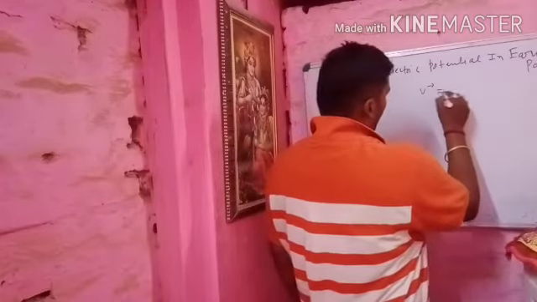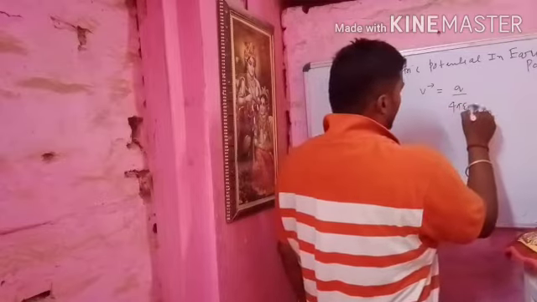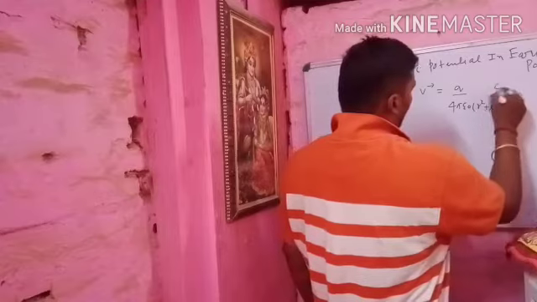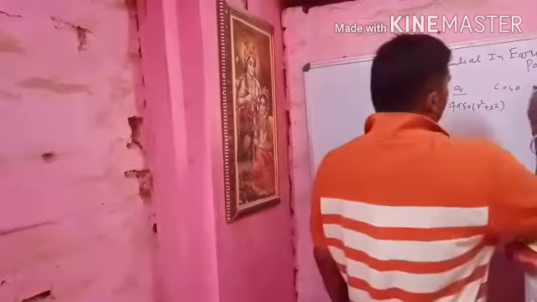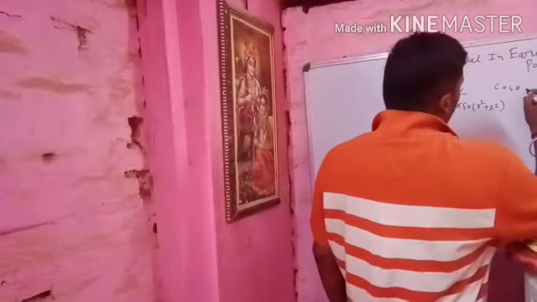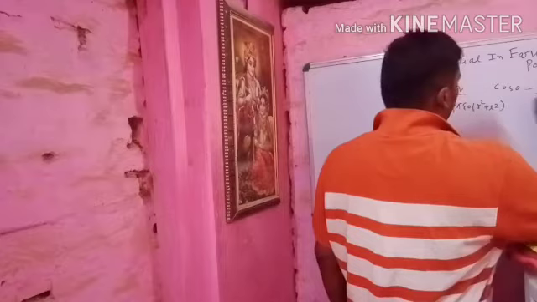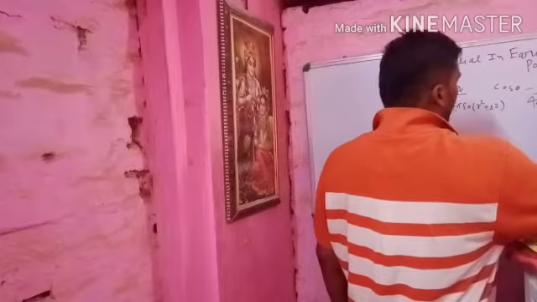V is equal to Q upon 4 pi epsilon naught, root r square plus l square, into cos theta, and another in the BP direction, minus Q upon 4 pi epsilon naught, root r square plus l square, into cos theta.